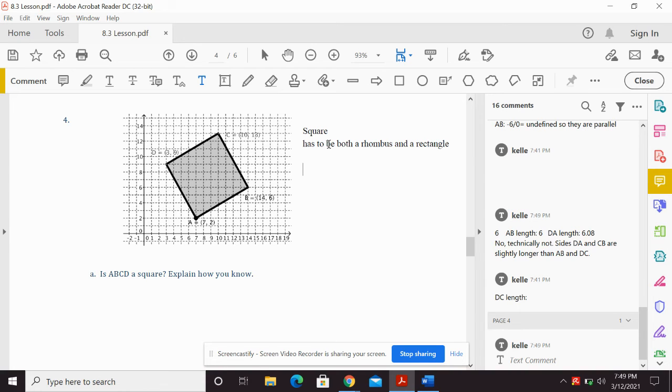So that means opposite sides are parallel, all sides are congruent, and you have that 90 degrees. Oh wait, sorry, all angles.